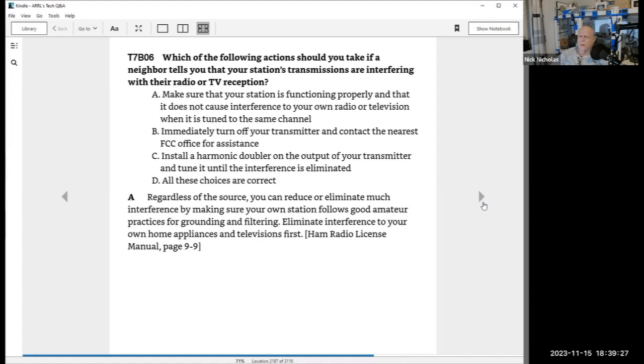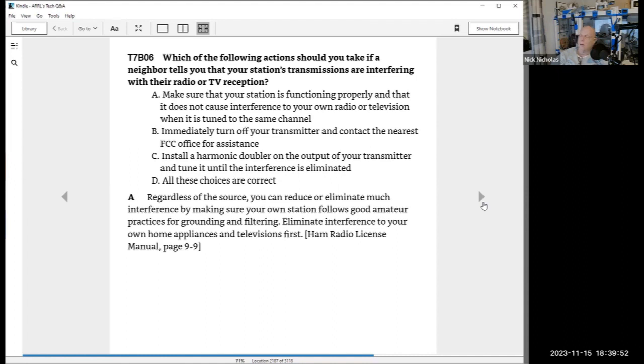440 or 450 is the end of our 440 band. But if you're operating, say, on 2 meters and you're interfering with their FM or AM station, you want something that's going to block somewhere just below the 2 meter band and pass above 2 meters.